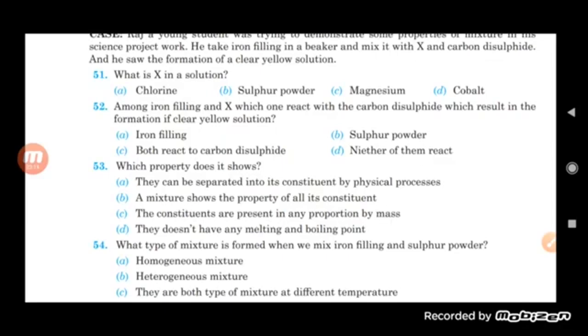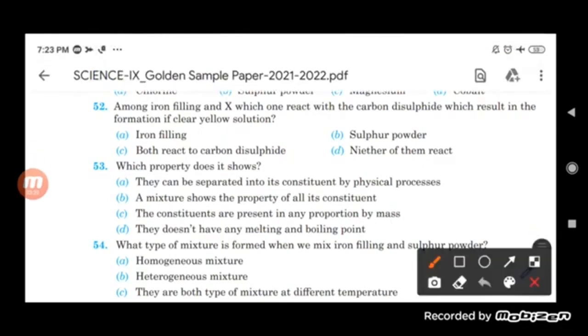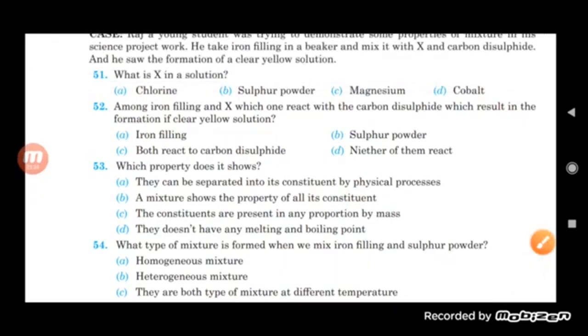So basically we know that it is again the sulfur powder, which will easily react with the carbon disulfide, and because of that a clear yellow solution will be formed. So we can say here that again the correct option will be B only, that is sulfur powder.